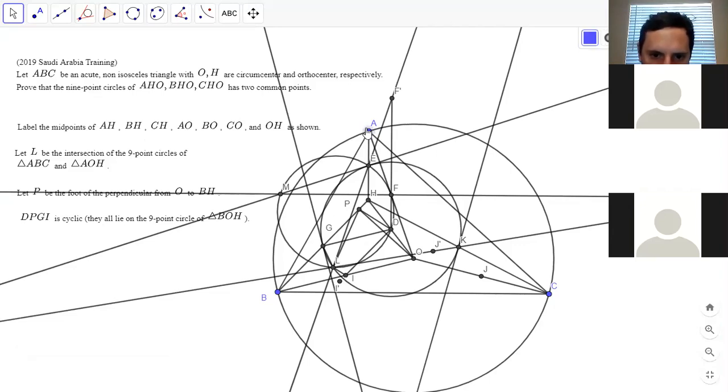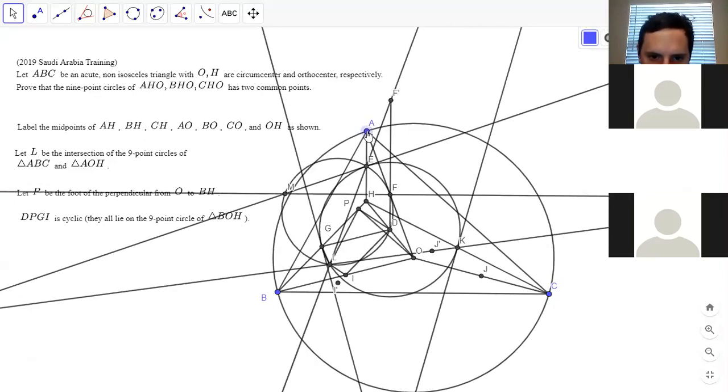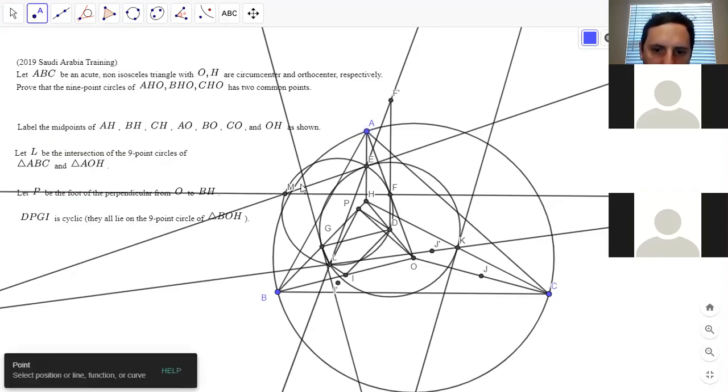So maybe that tells us something. So yeah, J prime K not only passes through L, but it looks like these concur right here.